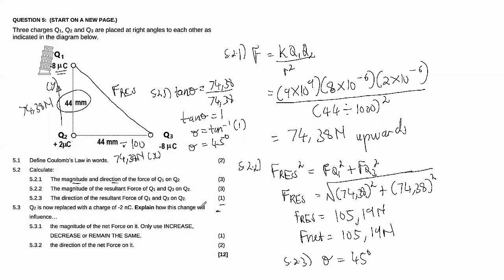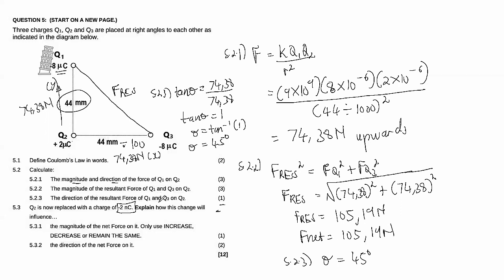Explain how this charge will influence 5.3.1, the magnitude of the net force on it. Only use increase, decrease, or remain the same. Now, if they are replacing this Q2 with a charge of -2 nanocoulombs, we understand that now they are using a smaller charge, right?